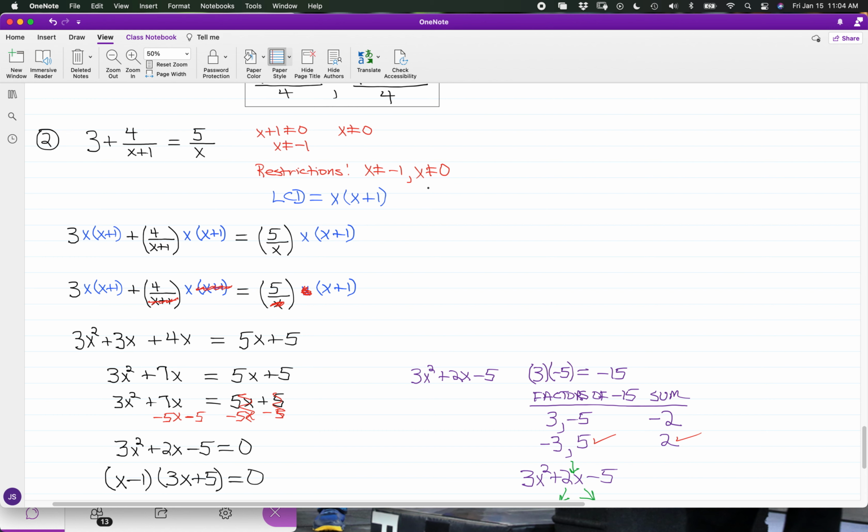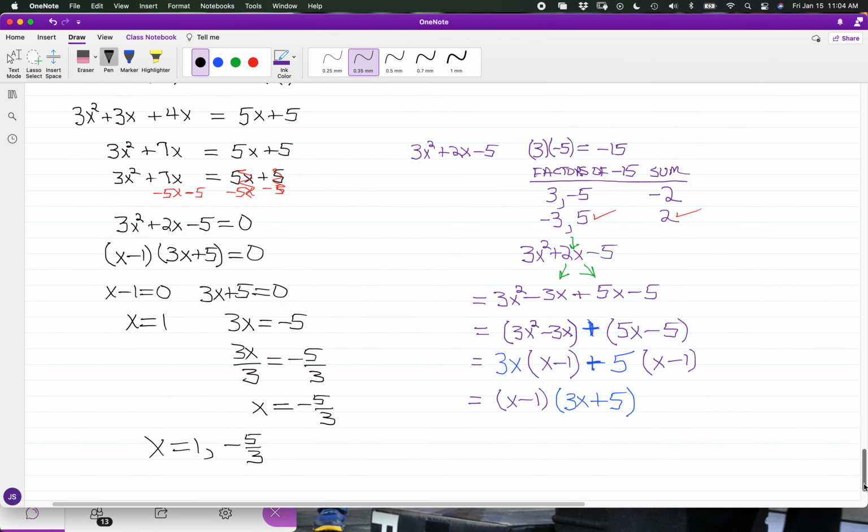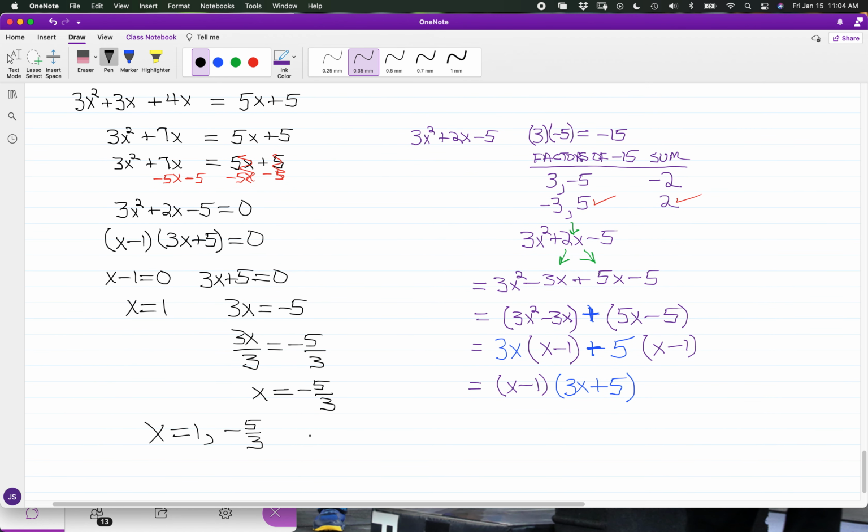But if I had negative 1 and 0 for my apparent solutions, then this equation would have had no solutions. But in this particular case, the values of minus 5/3 as well as 1 satisfied the restrictions that x could not be 0 or negative 1, and so that wound up working out.